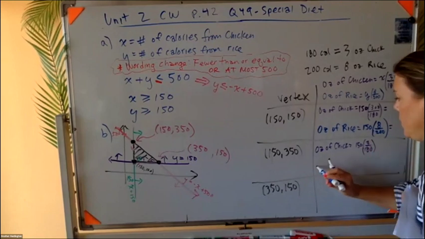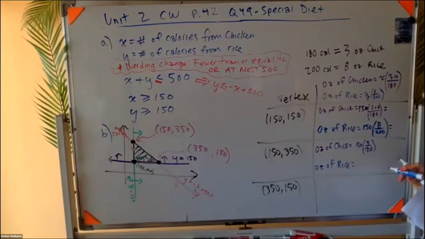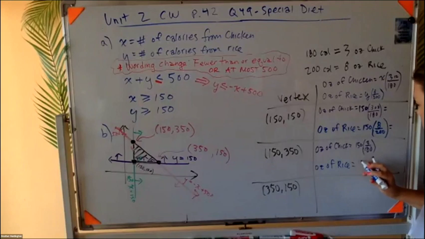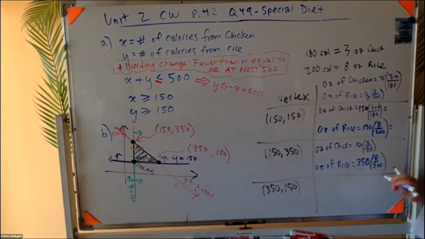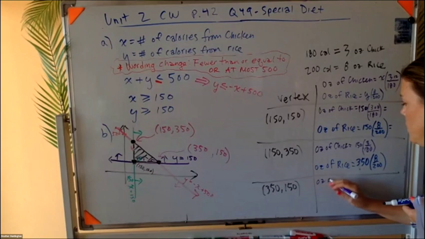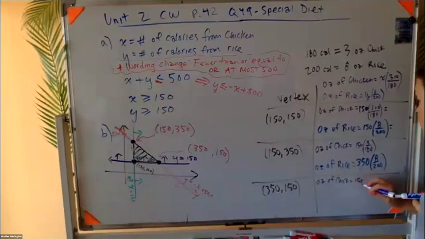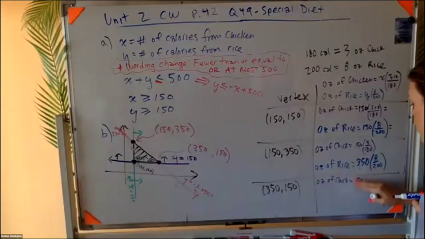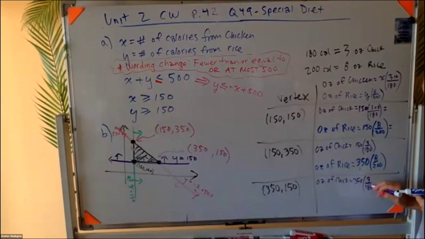And then this one is 350 times 8 over 200. And here we've got ounces of chicken equals 150. Now this is 350 times 3 over 180.